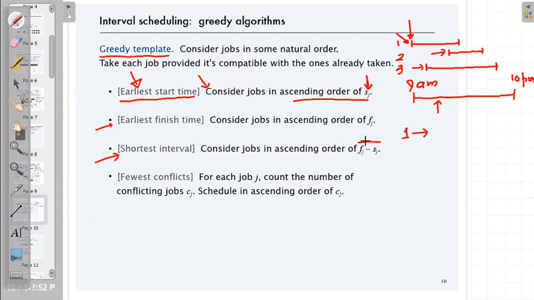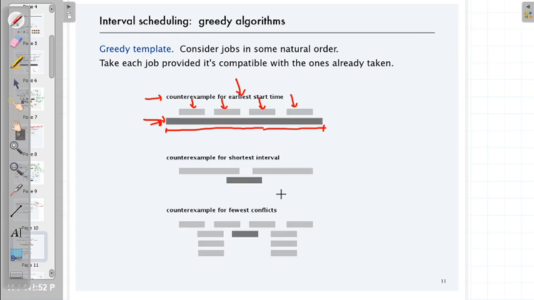Even in that case we cannot achieve the optimal result.